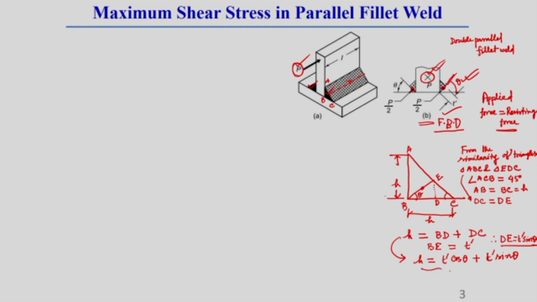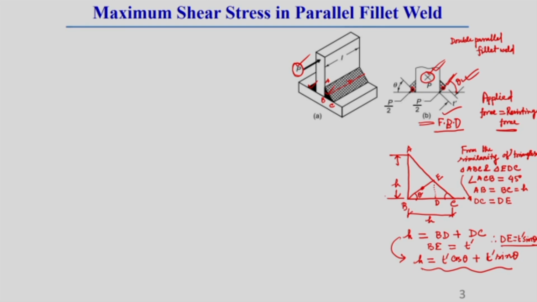So, we get the relationship between ACE and T dash. This T dash is the plane of this weld which makes an angle theta with this horizontal axis, that is, you can say with this horizontal leg BC.